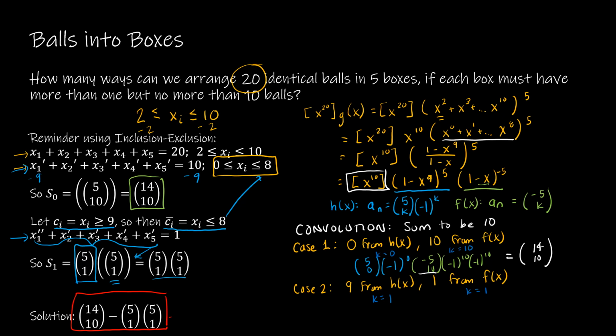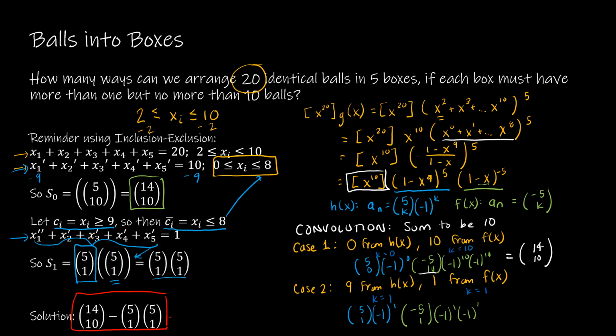If I look at case 2, that's 9 from h of x. So for h of x, where k is 1, I get 5 choose 1, negative 1 to the 1, and then 1 from f of x gives me negative 5 choose 1, and then again, negative 1 to the first.